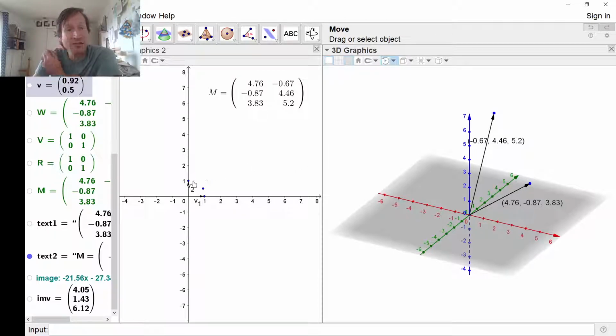And then same thing for the second standard basis vector, (0, 1). When we multiply this matrix by (0, 1), we get just the second column of this matrix. And look, the second column of this matrix is indeed this second vector over in 3-space.